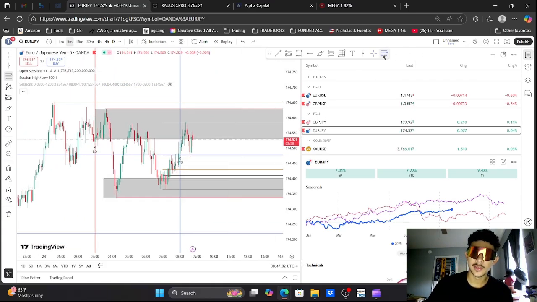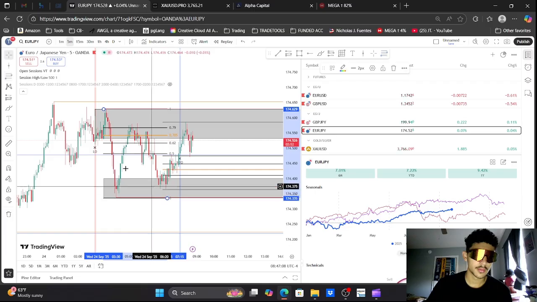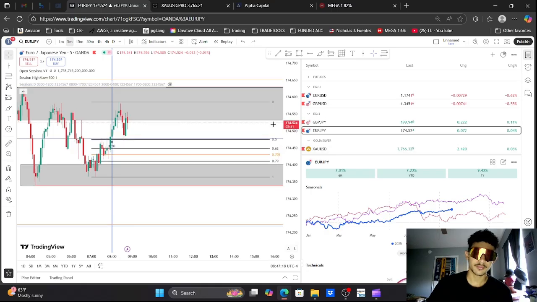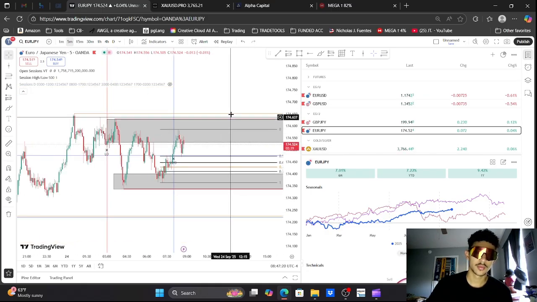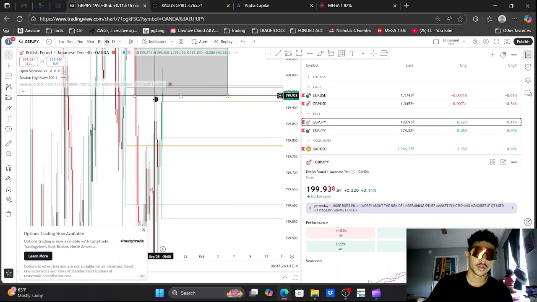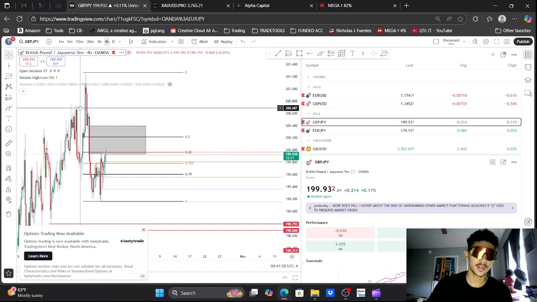I think we could see an example of this right here. Okay, price came down, went up. Okay, so we'll see what price wants to do. Right now, I need to fix these.